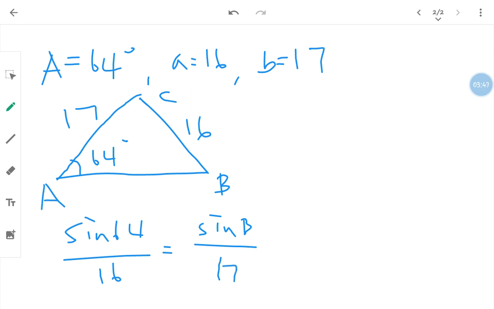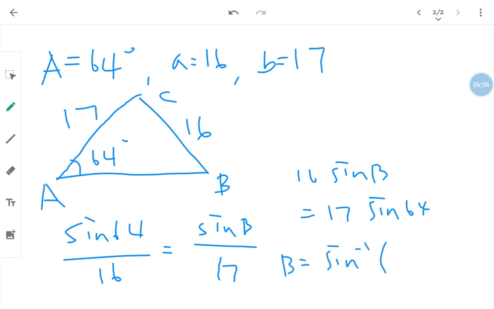Now we do the cross multiplication. So 16 times sine B would be 17 times sine 64. How can I get my B? B would be arc sine of 17 times sine 64 over 16.